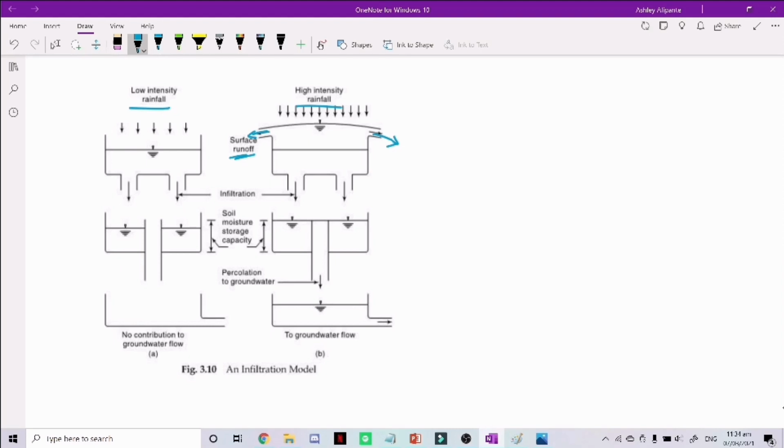Tapos, pagbaba naman dito, makikita natin na may infiltration na nagaganap. Tapos dito sa low intensity rainfall, since konti lang naman yung water ang nailagay sa container, konti lang rin naman na water ang andito sa zone na ito. Compare sa high intensity rainfall, parang mag-overflow na siya.